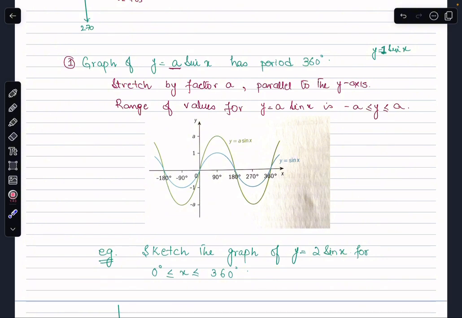Similarly, if I talk about sine of 270, then sine of 270 degrees equals negative 1. If I substitute x by 270, then sine of 270 is negative 1, and negative 1 multiplied by a gives me negative a.